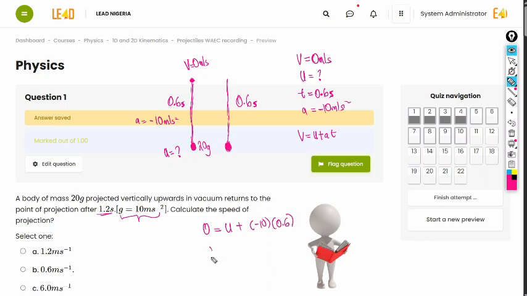So 0 is equal to u minus 6, because plus times minus is minus, and 10 times 0.6 is 6. Solving, I can just add 6 to both sides, and I will have u as 6 meters per second. So your initial velocity was 6 meters per second. That's C. Alright.